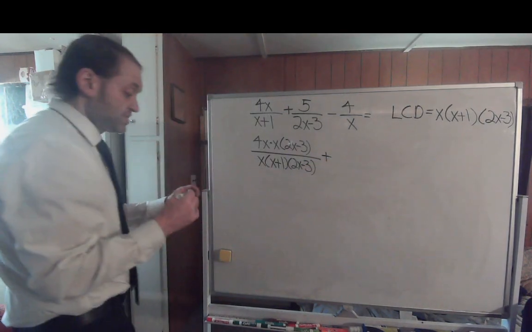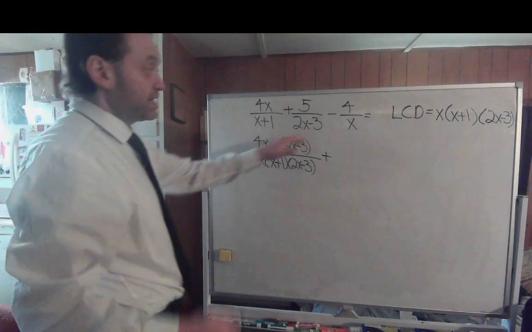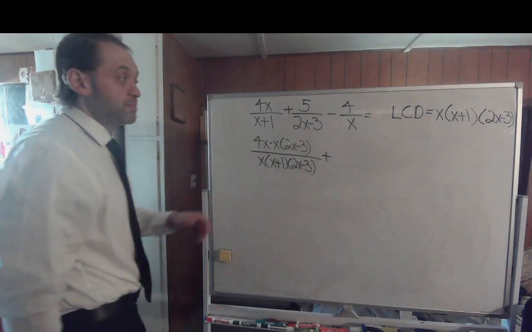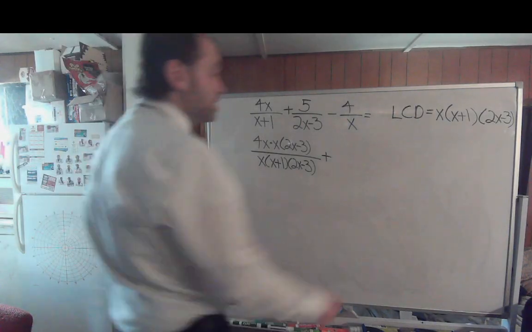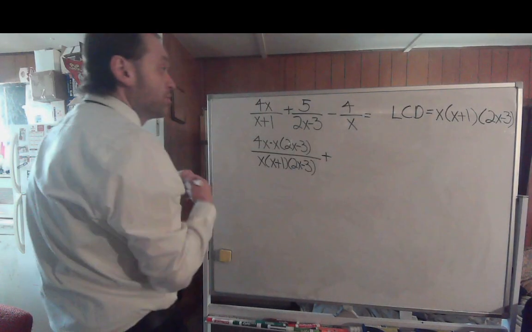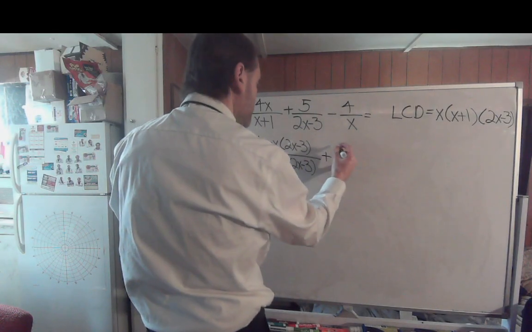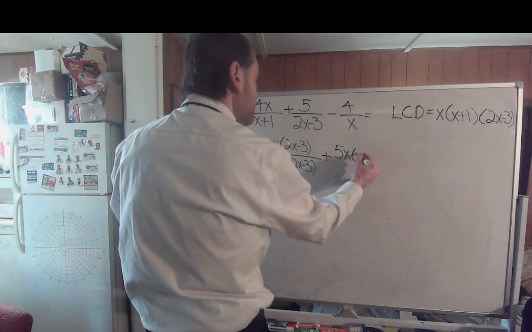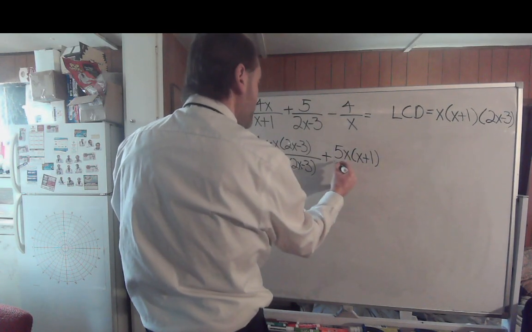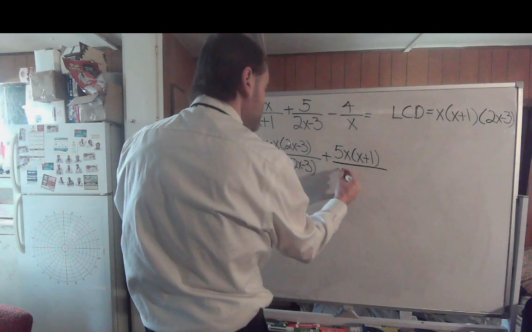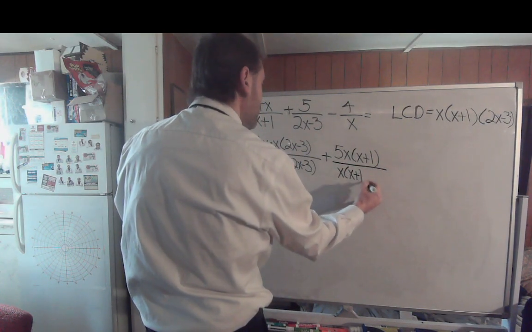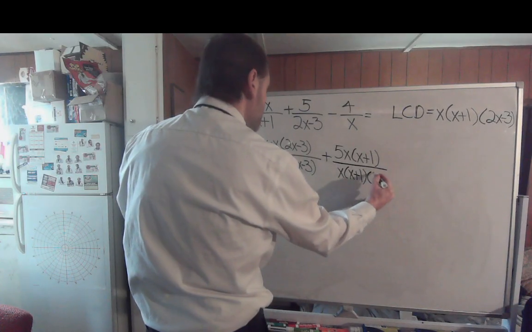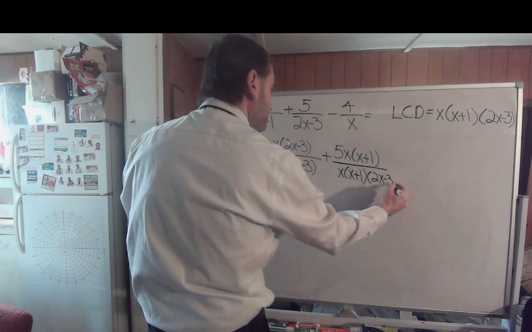Plus, let's deal with your second term. So in the second term, your denominator is 2x minus 3. That means you need to multiply both numerator and denominator by x times (x plus 1). So this would be plus 5 times (x plus 1) all over x times (x plus 1) times (2x minus 3).